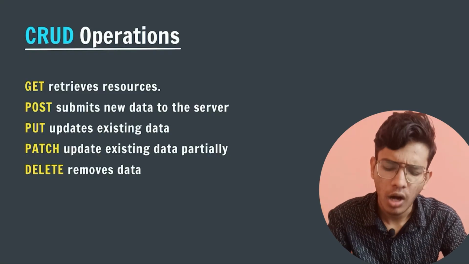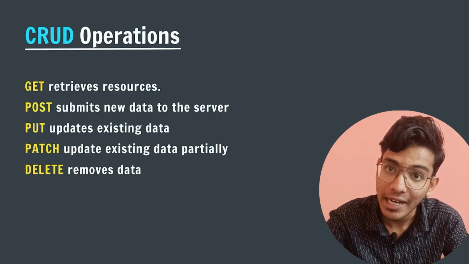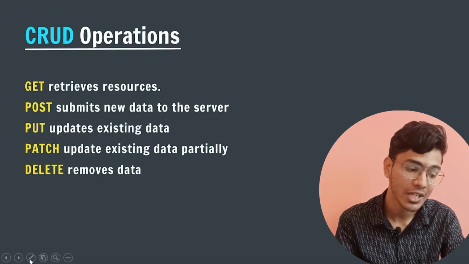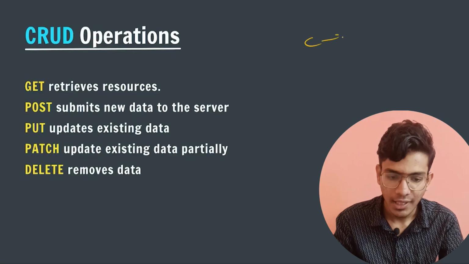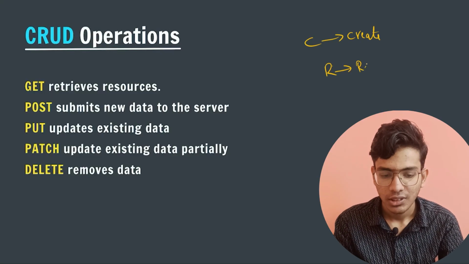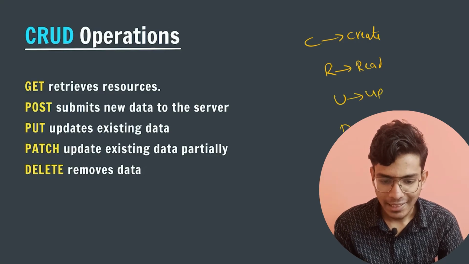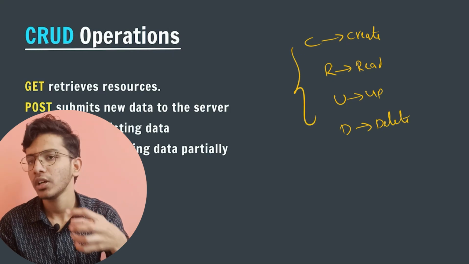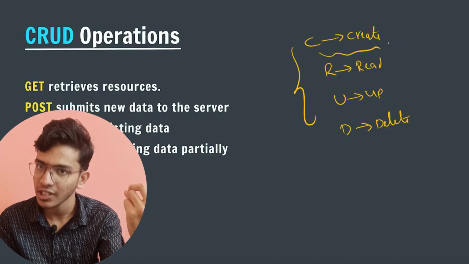Whenever we talk about APIs, there are some standard operations involved, and we call these CRUD operations. What is the full form of CRUD? C is creating, R is read, U is update, and D is delete. Whenever you deal with an API, first of all you will create that API.